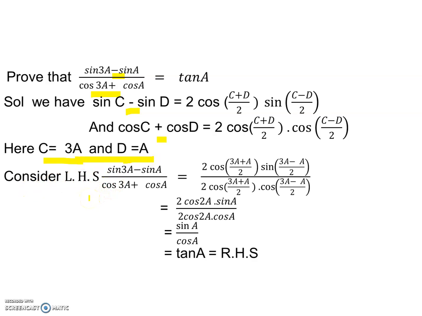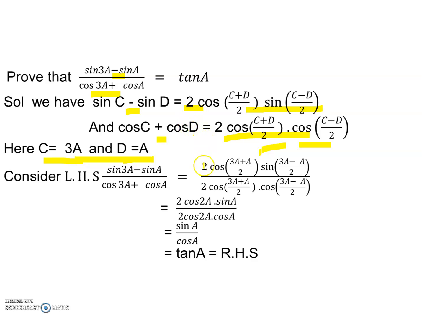So consider LHS: (sin 3A minus sin A) upon (cos 3A plus cos A). We apply the first formula in the numerator and the second formula in the denominator.